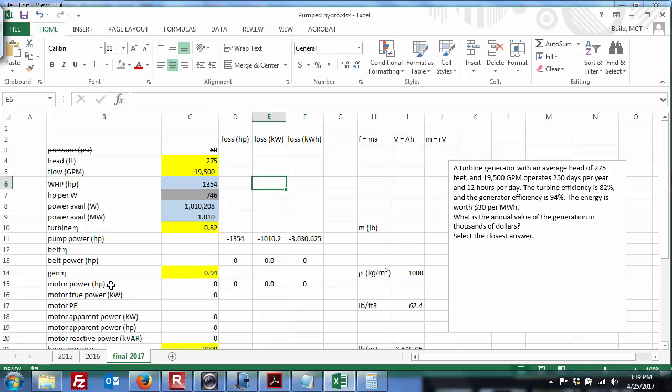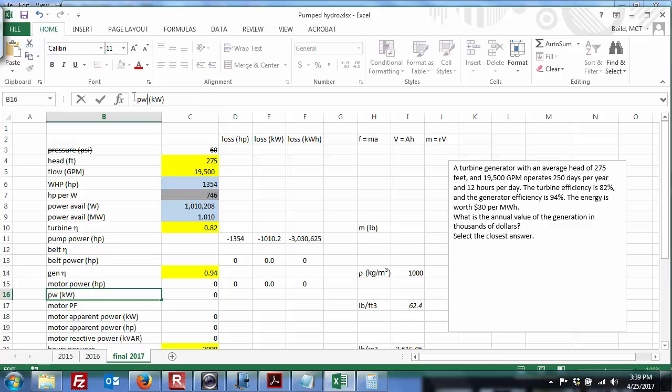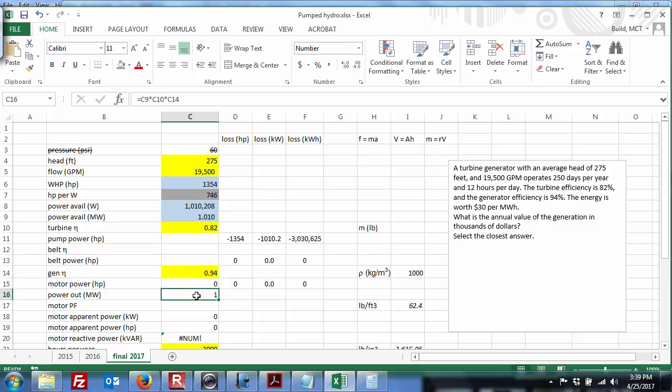And now we'll convert this, and this is going to be power out, and again we'll operate in megawatts. So this is going to equal the power available times that efficiency times generator efficiency. Put some sig digs on there.